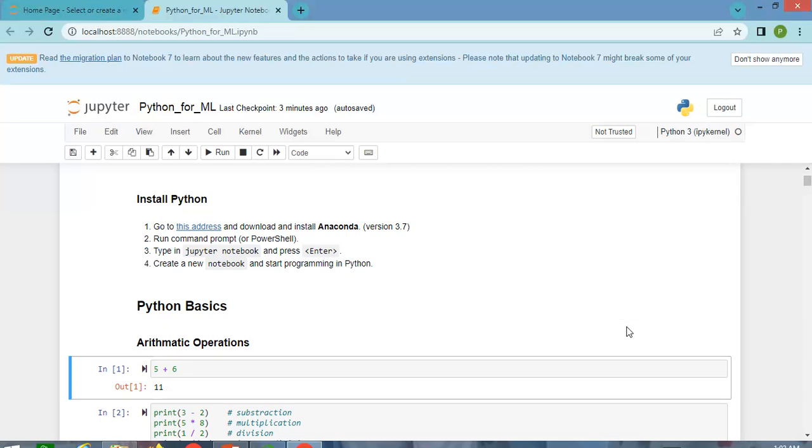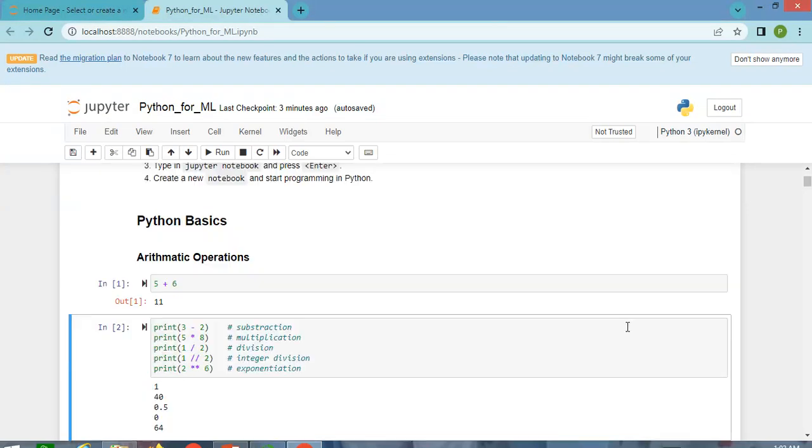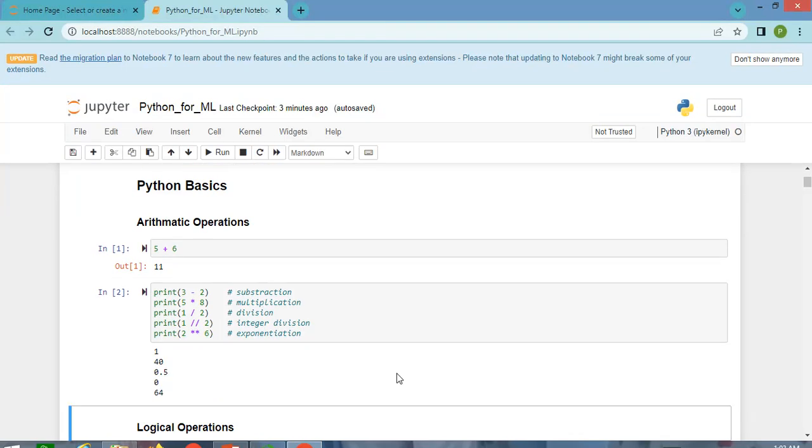The Python language, like any other programming language, includes a series of basic rules that I have included in the files for you. There are two ways to run commands inside each cell, inside each notebook file. Either use the run icon at the top of the screen, or use the shortcut Shift plus Enter.